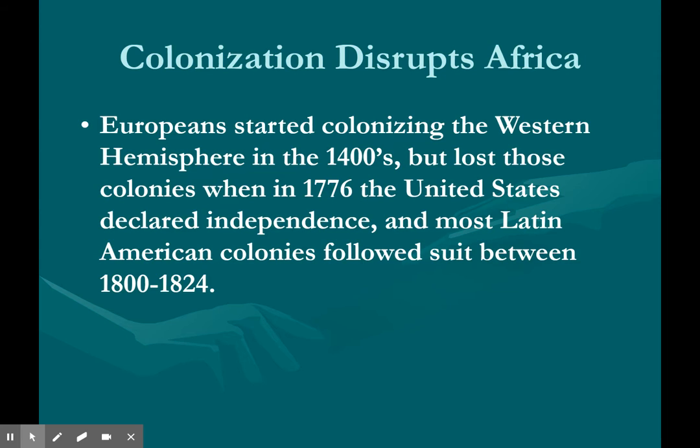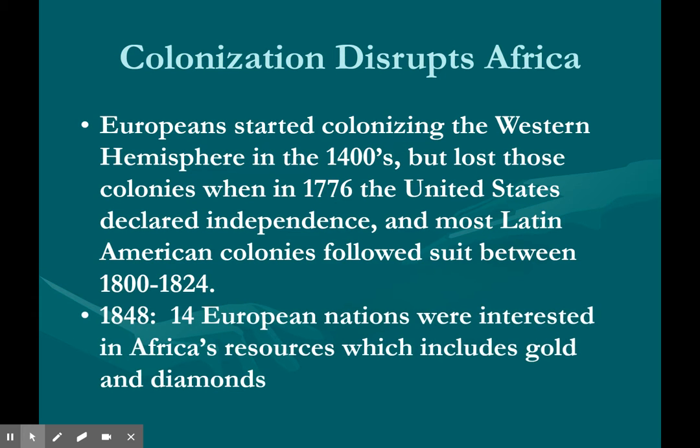Instead of the Western Hemisphere, they looked into the Southern Hemisphere. In 1848, 14 European nations were interested in Africa's resources, which included gold and diamonds. We're going to see this be a very strong characteristic as we look at why nations colonize.